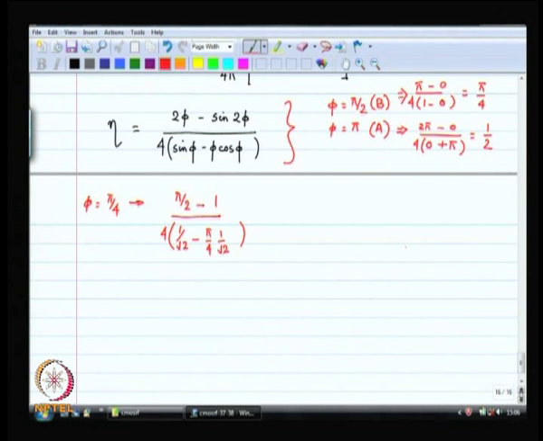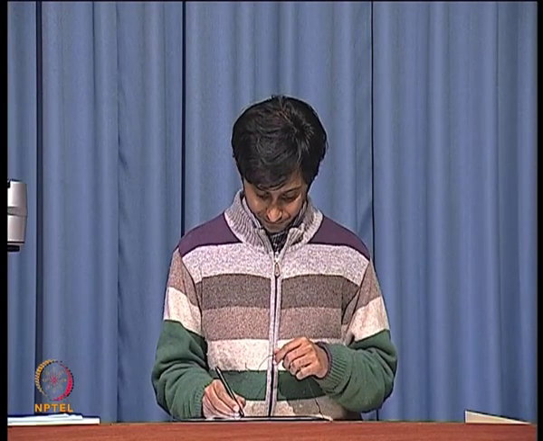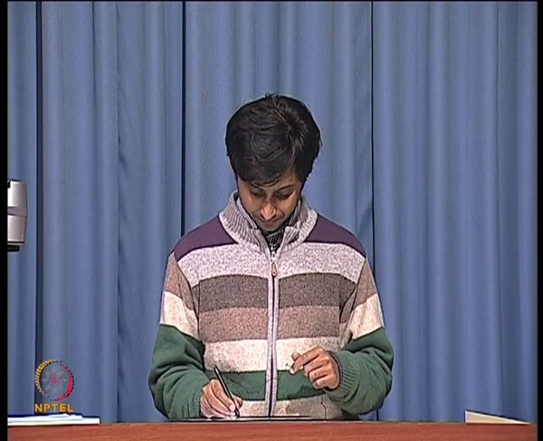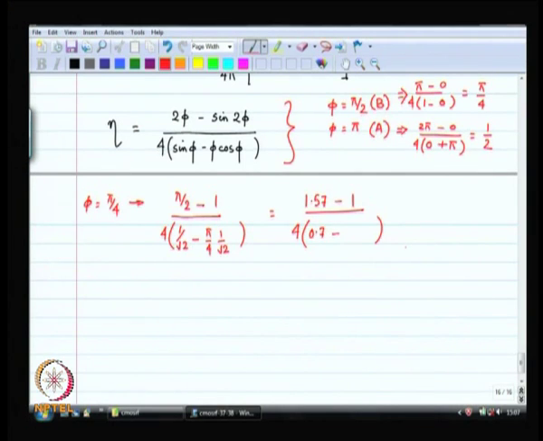So, if you do a quick computation over here, pi by 2 is something like 1.57, minus 1 divided by 4 times 1 by root 2 is 0.7, minus pi by 4, pi is 3.1.